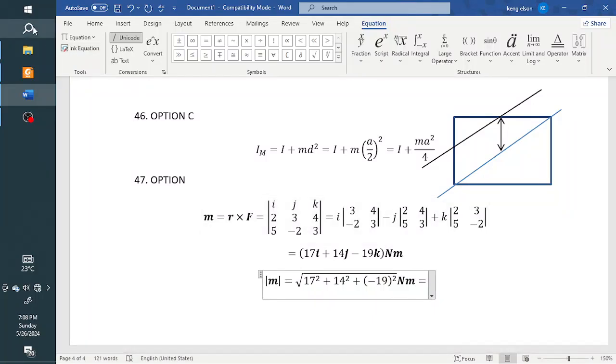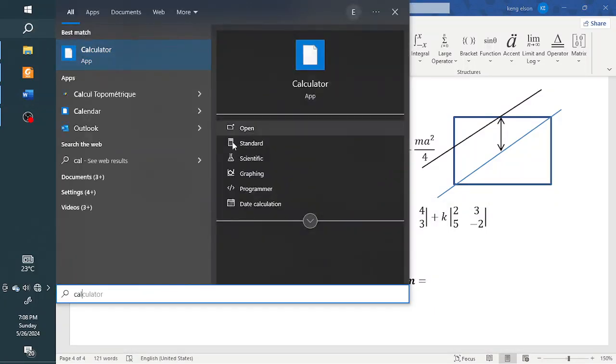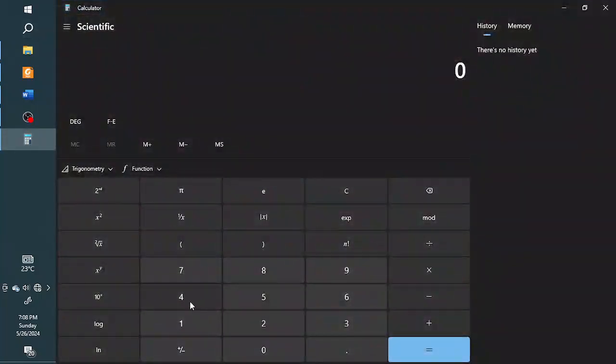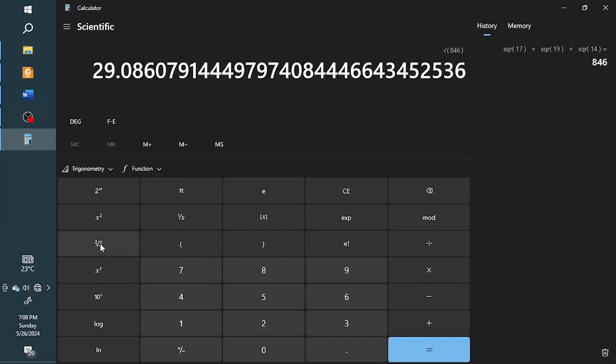I think we need to use a calculator here. 17 squared plus 19 squared plus 14 squared equals 846. What is the square root of 846? 29.